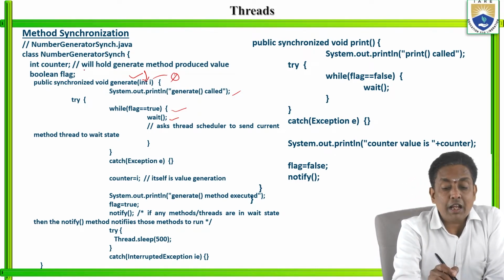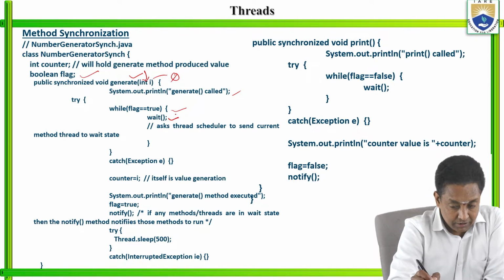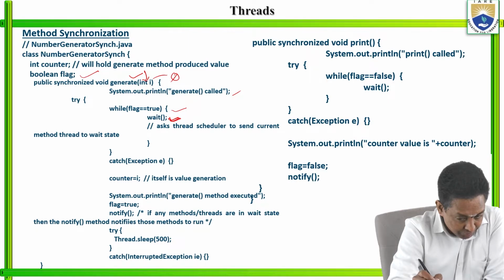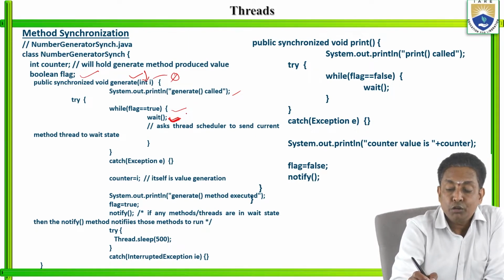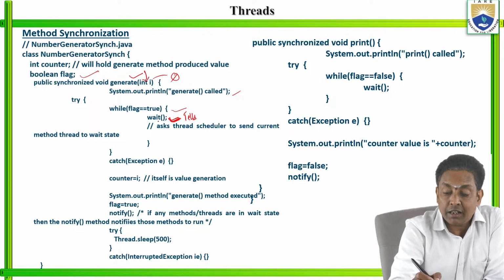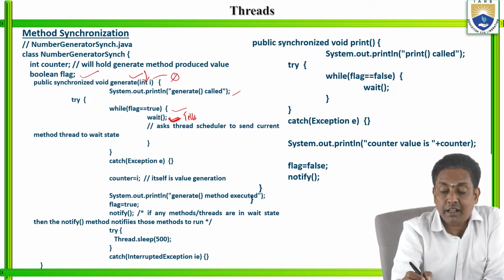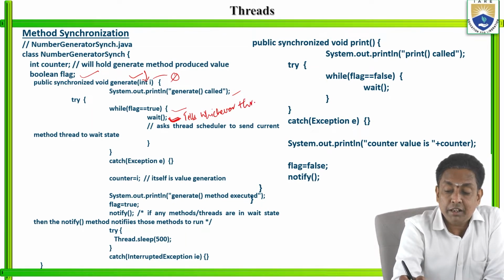Wait is a method in the thread API that tells whichever thread is calling the generate method that it wants to wait.